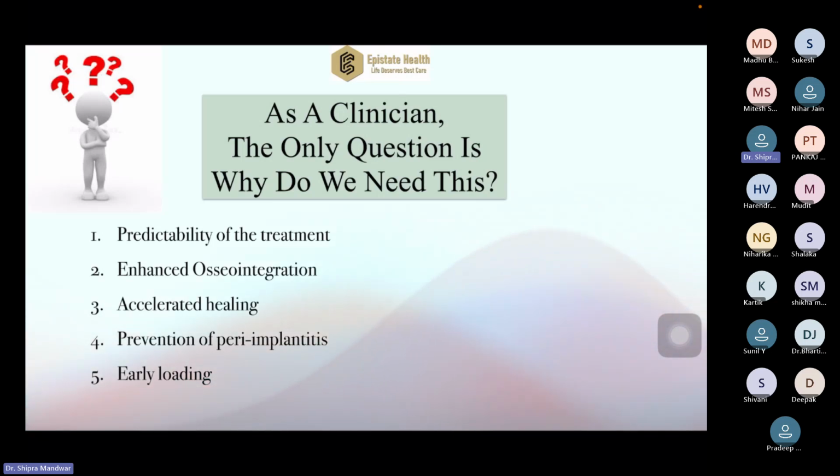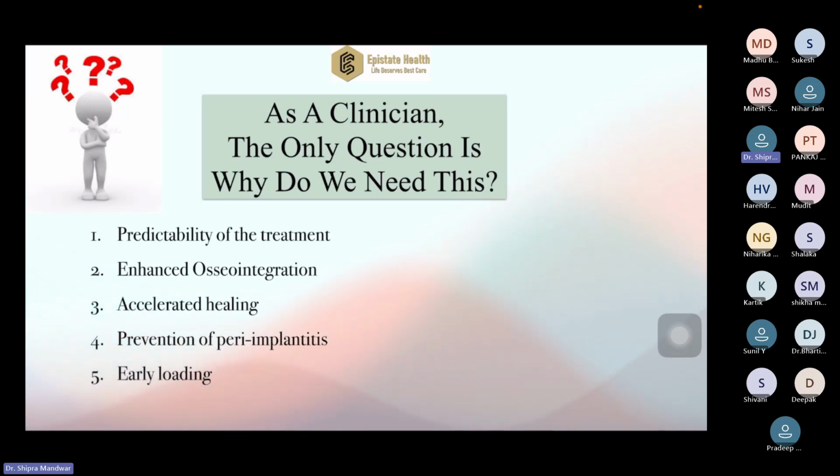Prevention of peri-implantitis during the surgical procedure while opening the implant. There are so many things that can happen during a surgical procedure. You touch the implant surface, and even if you try, sometimes after the implant placement there will be bone loss, there will be peri-implantitis. But if you keep the implant in plasma for 20 seconds, it completely clears all the debris and all the microorganisms, and you are placing something pristine, something untouched.